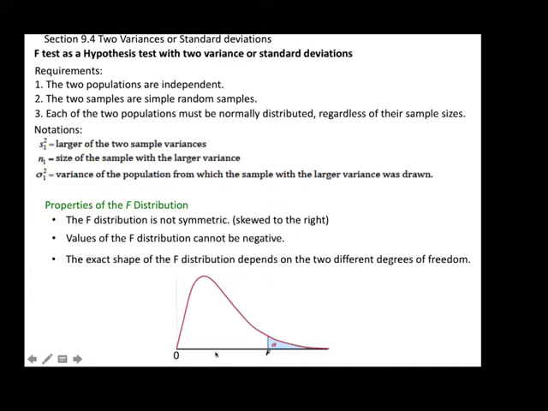The shape of the F distribution depends on two different degrees of freedom: the degree of freedom of the numerator and the degree of freedom of the denominator. We are going to talk about it when we have the table.